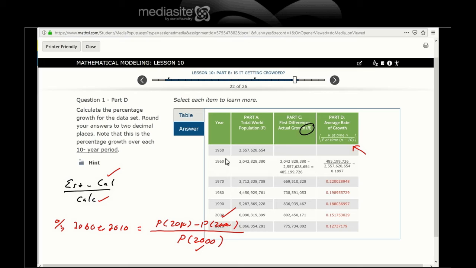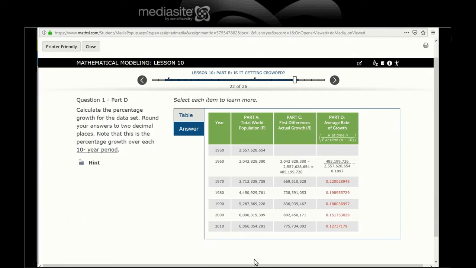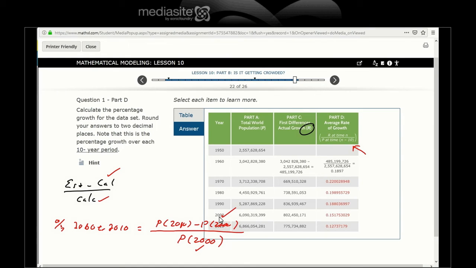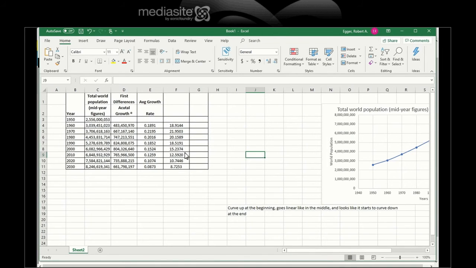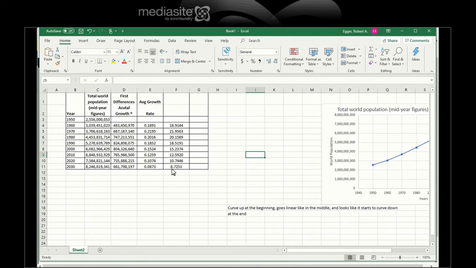So for 1960, from 1950, about 18.1897. 1960.1891 with my data. 2000, so from 1990 to 2000 was a 0.1517. 2000, 0.1524, 1527, 1524. So in the same order, 17. All based on the data. So the data looks pretty good.